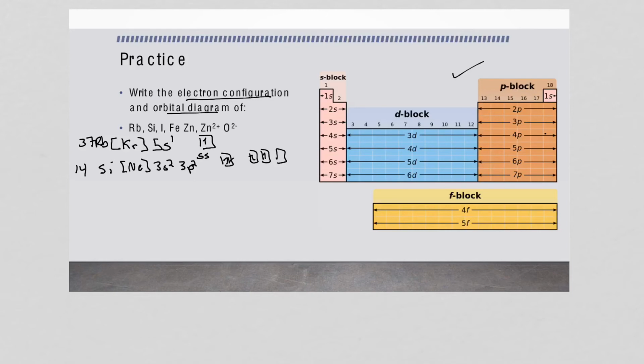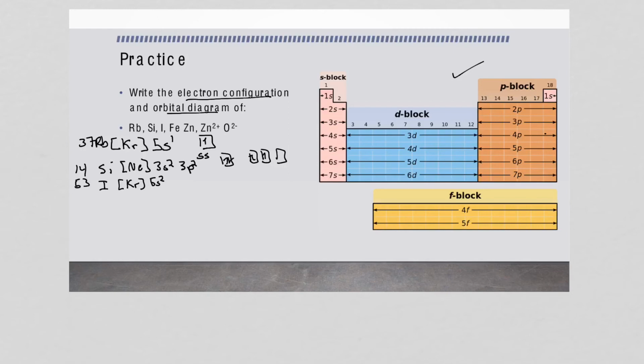We do the next one, I. Again, this is a pretty big element. I is up there around 53, right? Element 53. So again, krypton is the nearest noble gas. That'll represent the first 36. And then we've got 5s2.